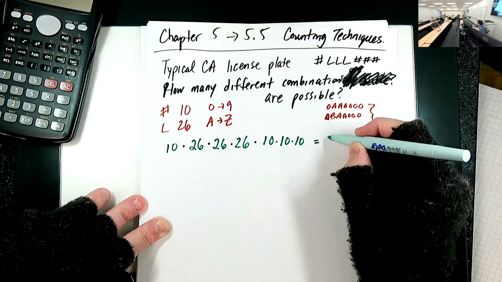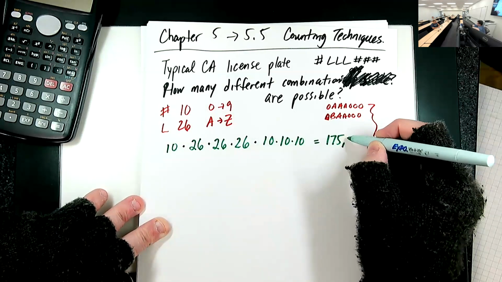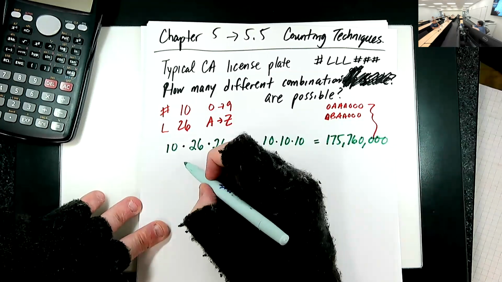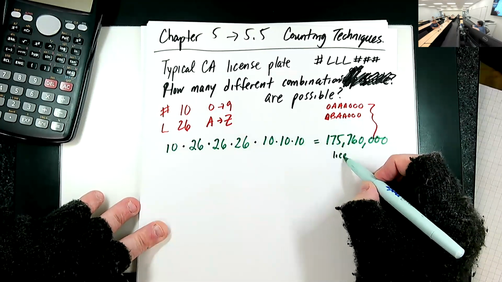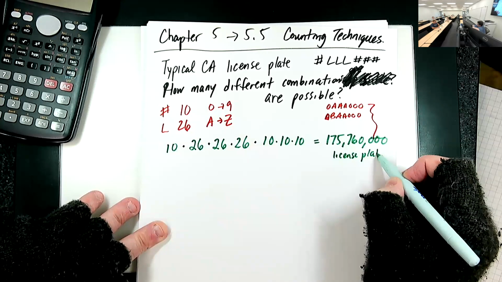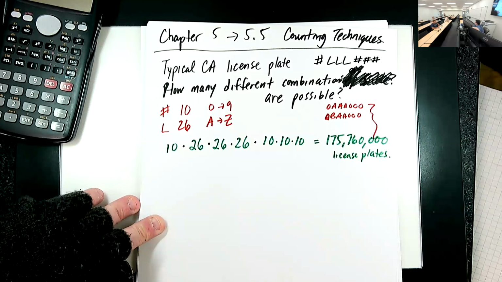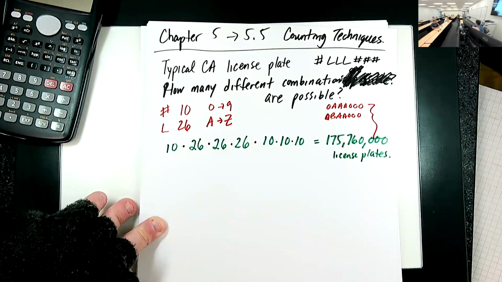This means there are 175,760,000 license plates of that form in California. Or can be up to that many, I should say. We don't have that many residents, which is a good thing.